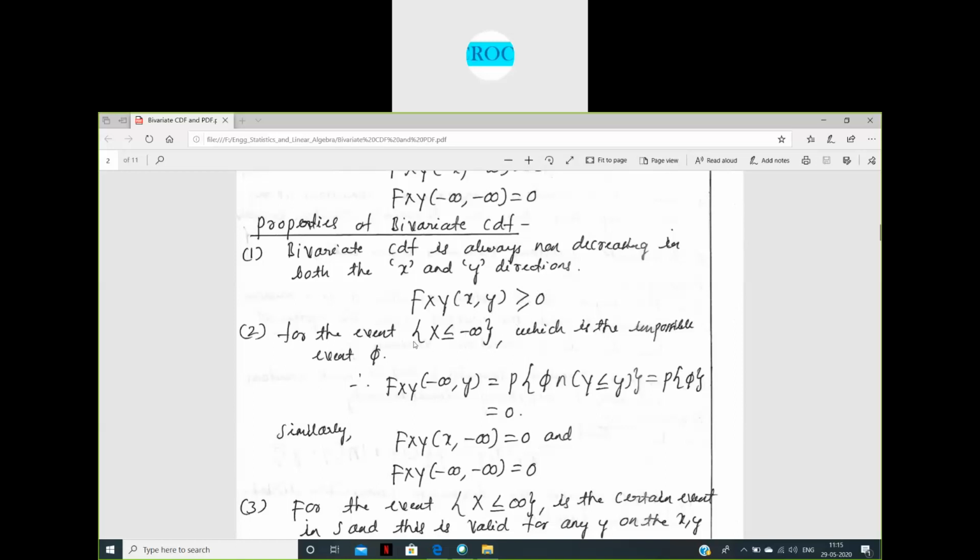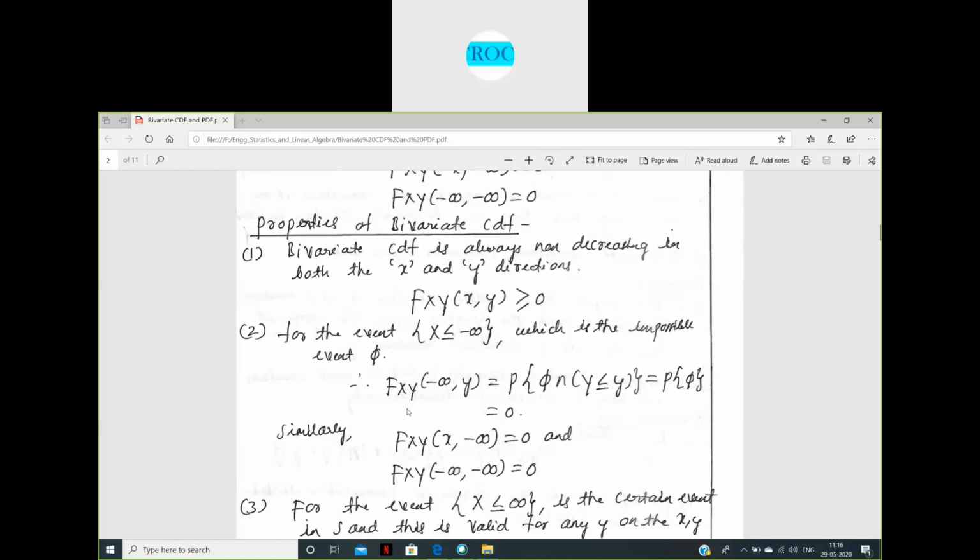The next property is for the event X less than or equal to minus infinity. When x is less than or equal to minus infinity, there are no observations. When there are no observations, it is an impossible event. For an impossible event, what is the probability? It is equal to 0.